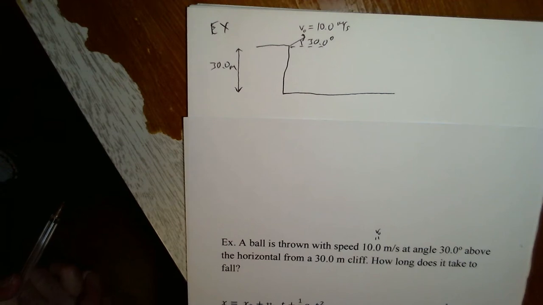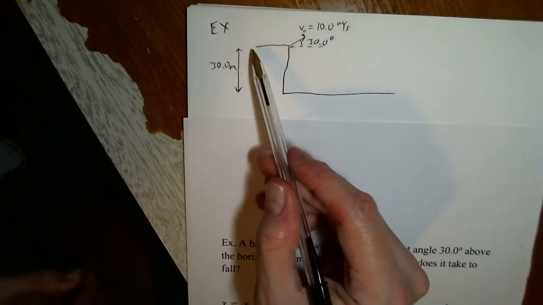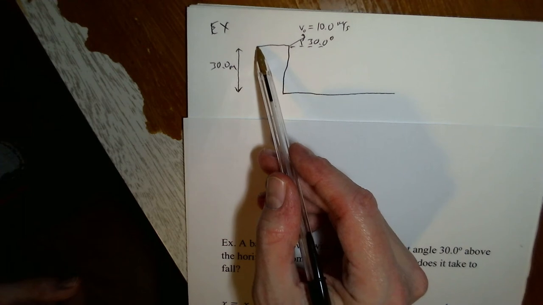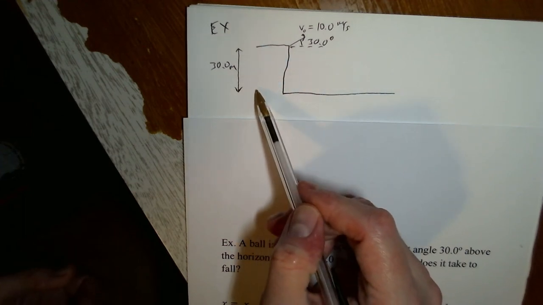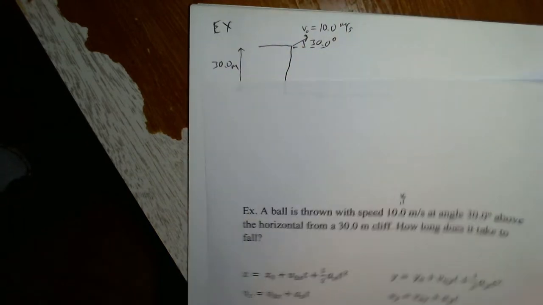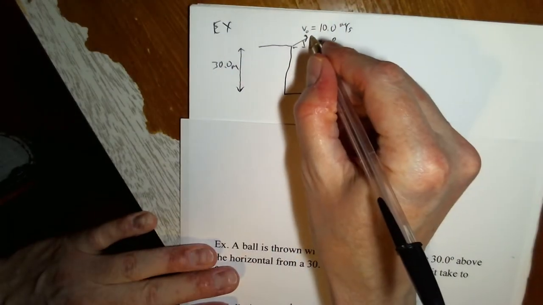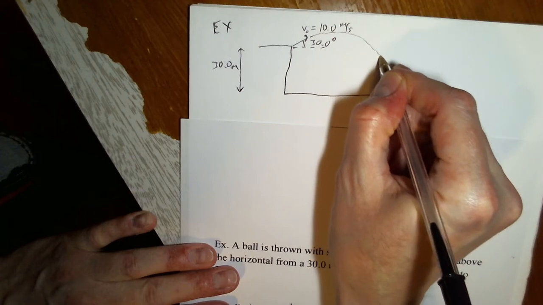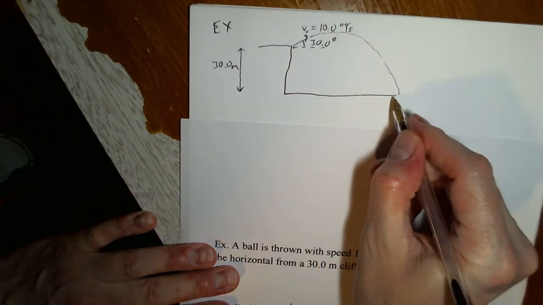I need to choose where the origin is. There are two heights where it would make sense to put the origin, either at the top of the cliff, so that the initial height was 0, or at the bottom of the cliff, so that the final height was 0, because the ball is going to follow a trajectory like this and eventually hit the ground.